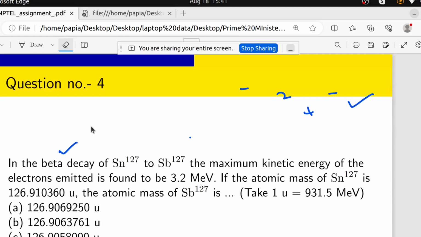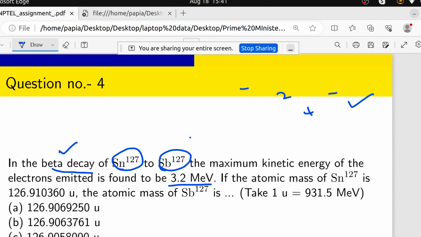So in question number 4, what is the question? There is a beta decay, and in that beta decay Sn-127 goes to Sb-127, and they are telling us that the kinetic energy of the electrons emitted will be 3.2 MeV.